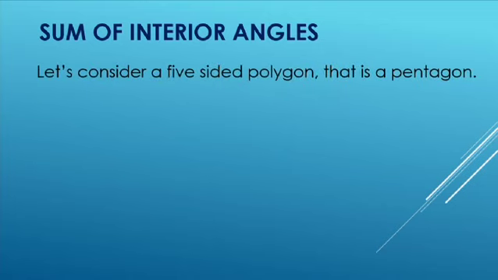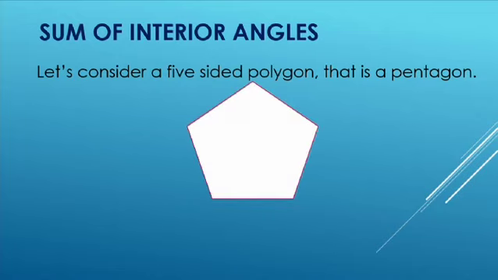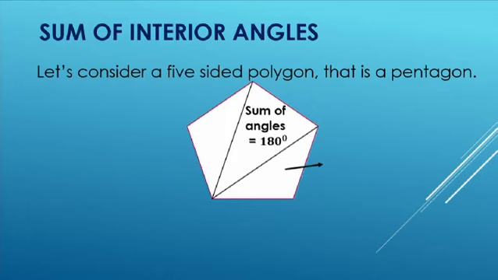If we consider now a 5-sided polygon, that is the pentagon, right? Okay, can we divide that pentagon? Yes, we can. Like this. How many triangles are we going to get? Well, 1, 2, and 3. That's 3 triangles. And remember, the sum of angles of a triangle is always 180 degrees.